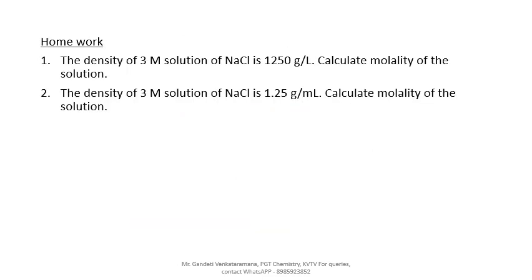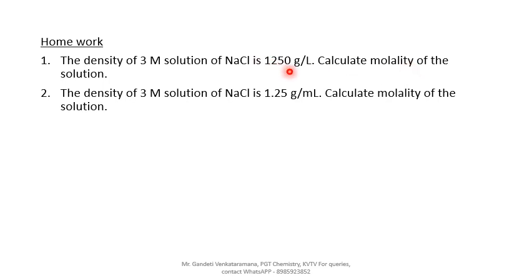Two questions are given here as homework for you. Solve the questions and send the answers, all of you. Check the question: the molarity is given as 3 M, and the density is also given. Calculate the molality. So use the direct formula: small m equals 1000 into capital M by d into 1000 minus M into GMW.